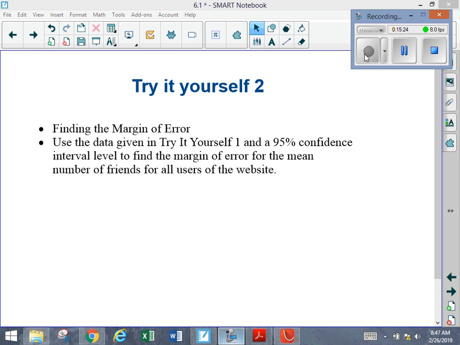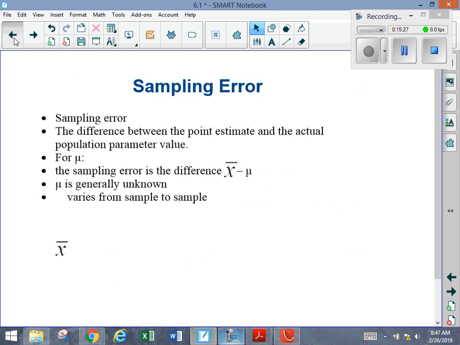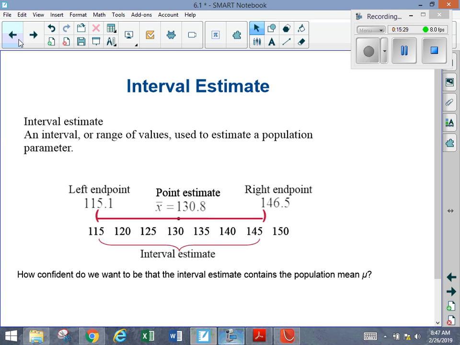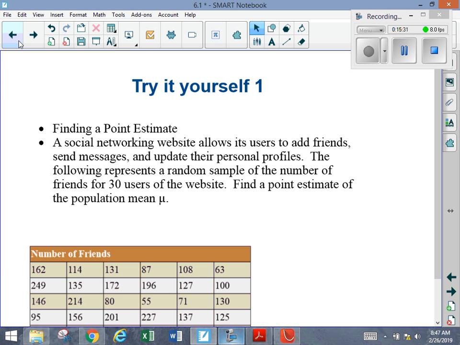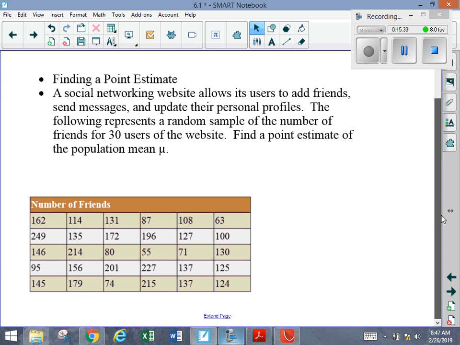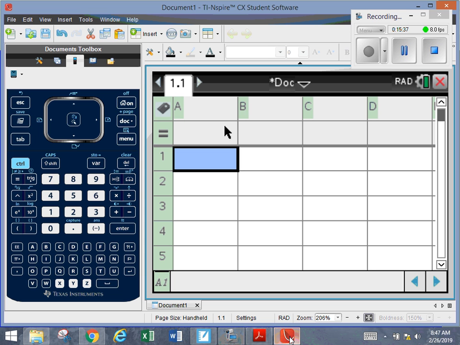So I got to go all the way back to try it yourself one. There it is. What I really need is this data right here. I'm going to put it into a list and spreadsheet here. We'll call this thing Friends.